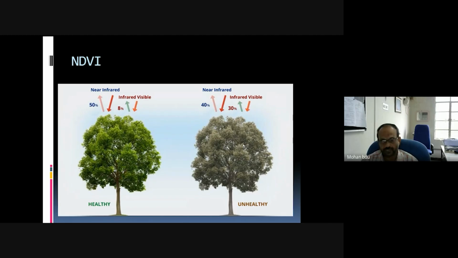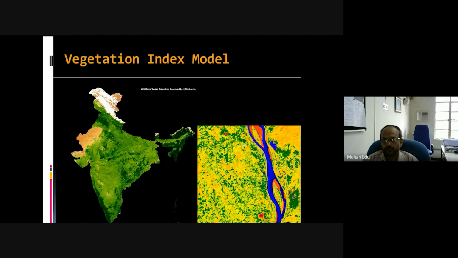So these values are computed, and then we can arrive at a conclusion that this vegetation is already affected, whether by air pollution or whatever it may be. So this is an example for you.